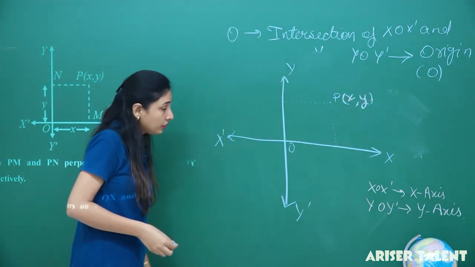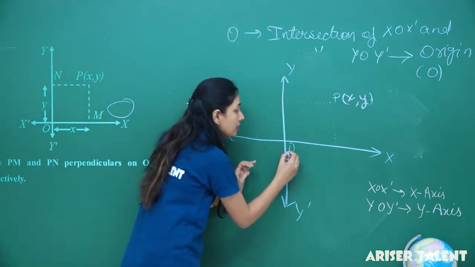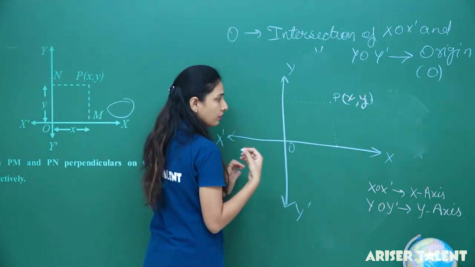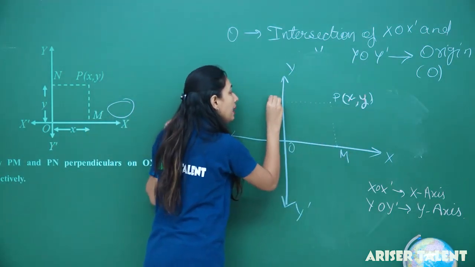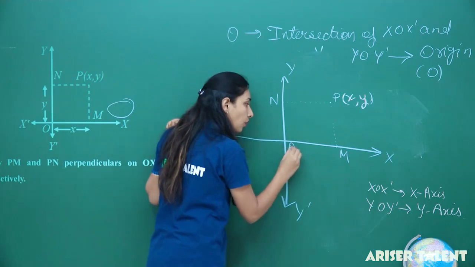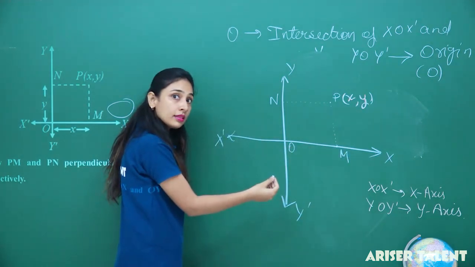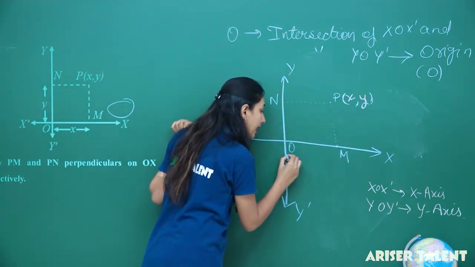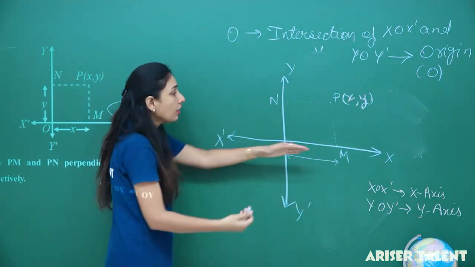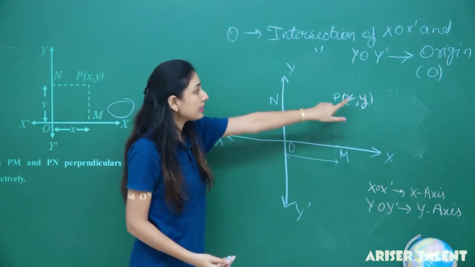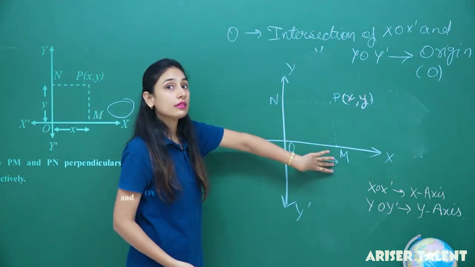Right. How will you write this? This distance. What is the point here? M, right? We'll write M also, and N. So this distance OM is on the X axis, so this x will be this distance.